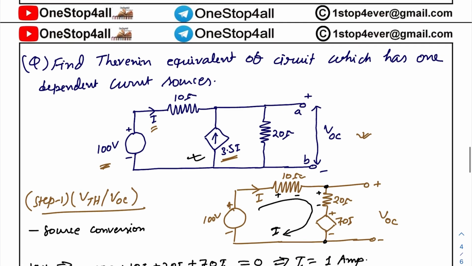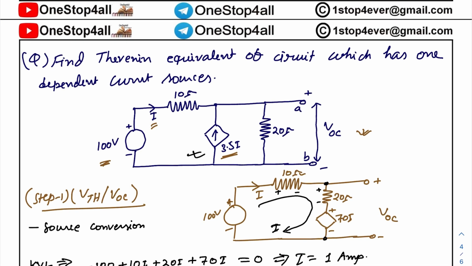Here we are not calculating the Thevenin equivalent impedance by the conventional method, that is by short circuiting the ideal voltage source or open circuiting the ideal current source, where independent and dependent sources we leave as they are. Because in this condition, if you short this 100-volt voltage source, then this current I will be 0, so our dependent current source will be eliminated, which is not a desired condition.